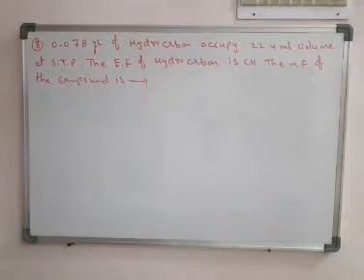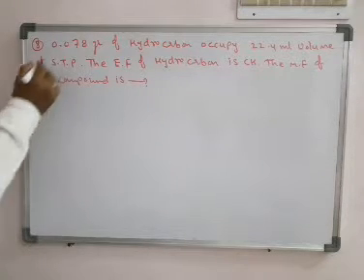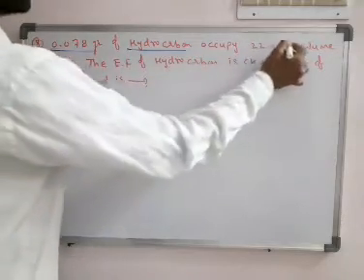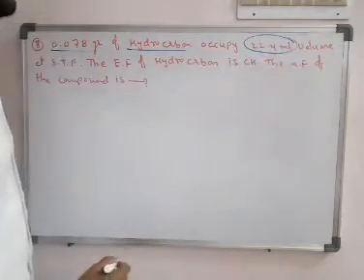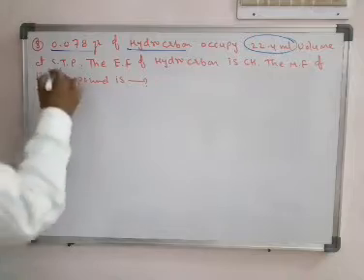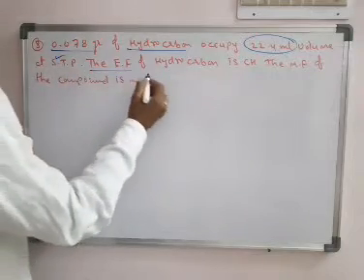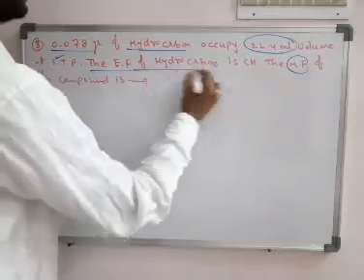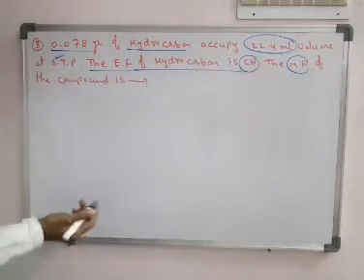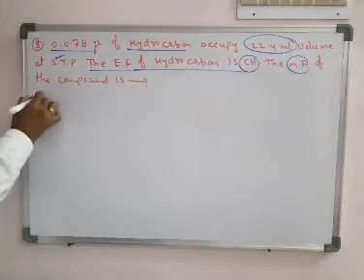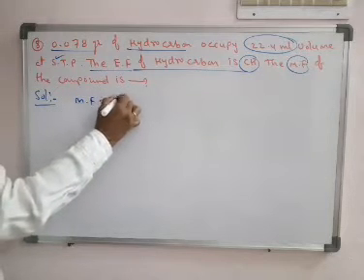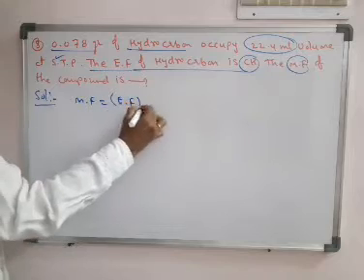Okay, see the eighth problem. 0.078 grams of hydrocarbon occupies only 22.4 milliliter volume at STP, and we have to find the molecular formula. The empirical formula is given as CH. We know the relation between empirical formula and molecular formula: the molecular formula is equal to the empirical formula taken N times.